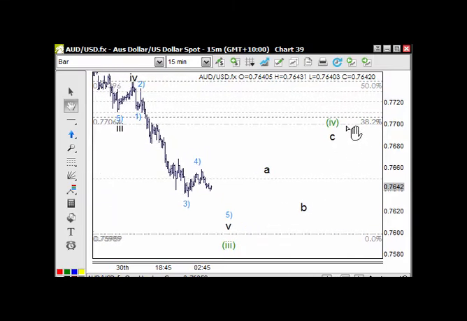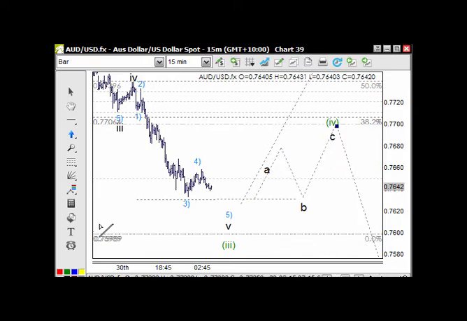So we are looking for wave 4 that can pull back 38.2% at roughly around 77. Remember, we've either got this as the B wave low here, and we're going straight up, or we're going an A and a B and a C, and then further down here.